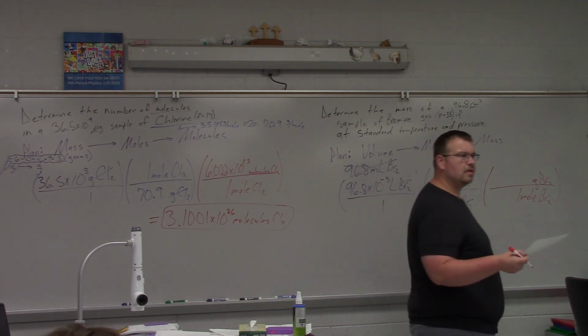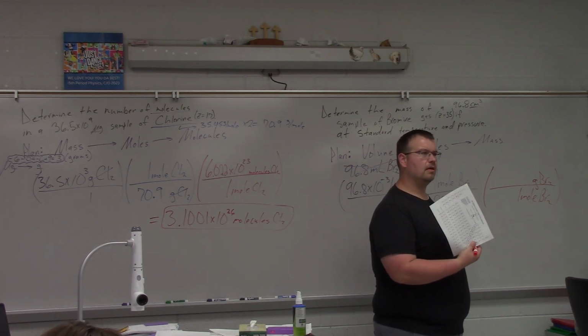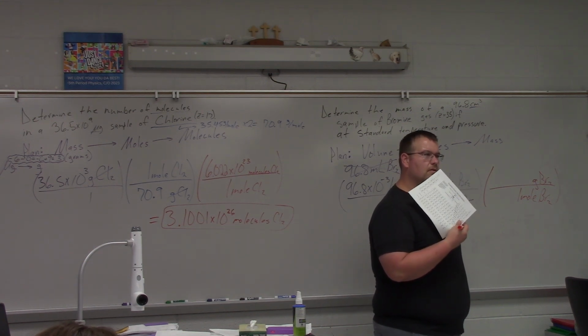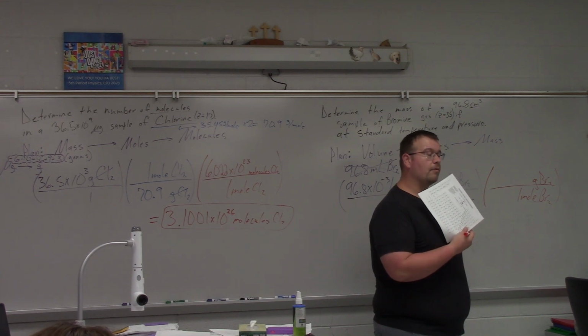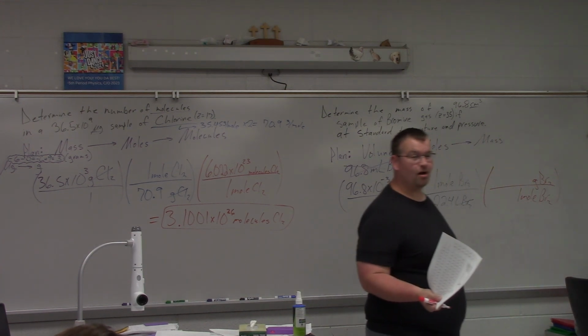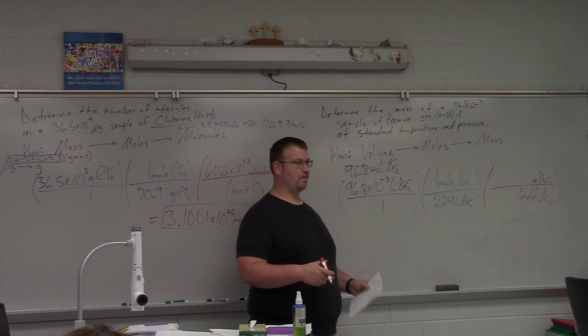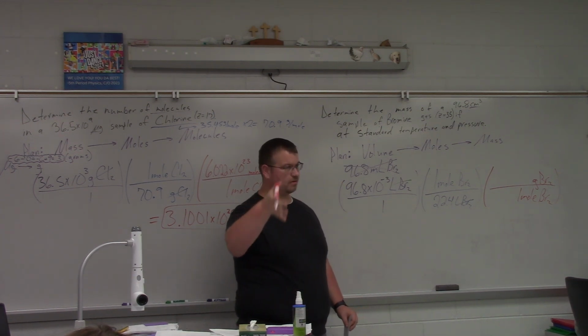Why you times it by 2? I got on the periodic table 79.90. Riley, you're right. Why do we multiply by 2? Because it's a diatomic. What is a diatomic? They have two of each of the elements, elements in nature that are bonded to themselves.